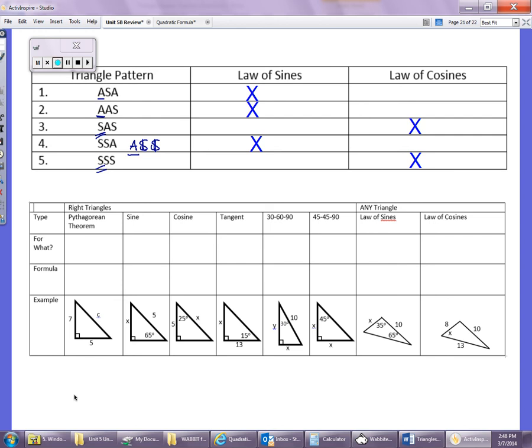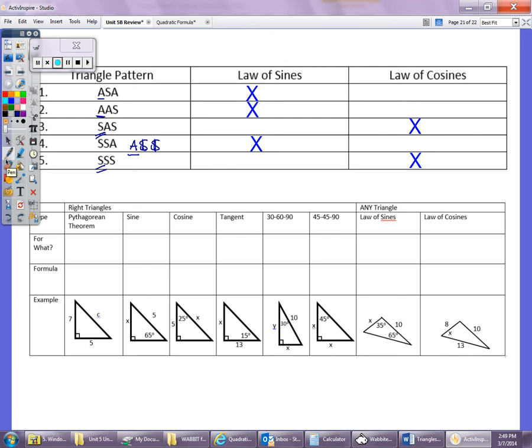Right triangles are used for Pythagorean theorem, sine, cosine, and tangent in terms of SOHCAHTOA, and then your 30, 60, 90, 45, 45, 90 rule. And then you would use law of sines and law of cosines for any other triangle, preferably not a right triangle.